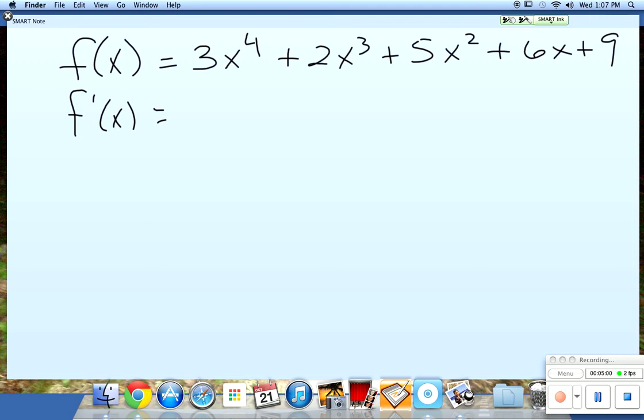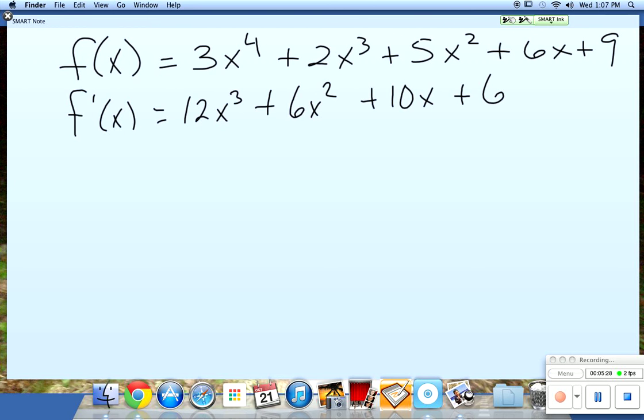F prime. What's the first one going to be? So it'd be just 12x cubed, right? What would the second one be? 6x squared. What's the third one? 10x. What's the fourth one? Just 6. 1 times 6.